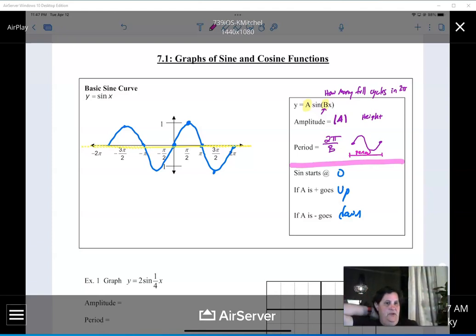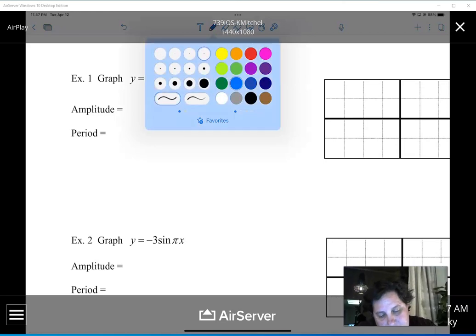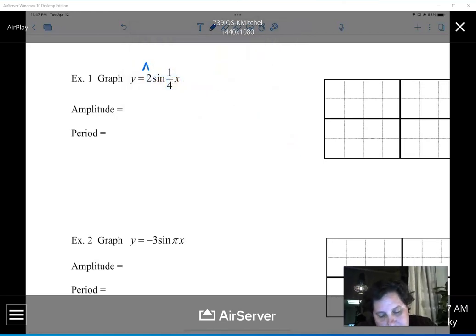Now I want you to do this in a very specific way. If I say, on here, A is 2, B is 1/4. Well, the amplitude is the absolute value of that, which is 2.